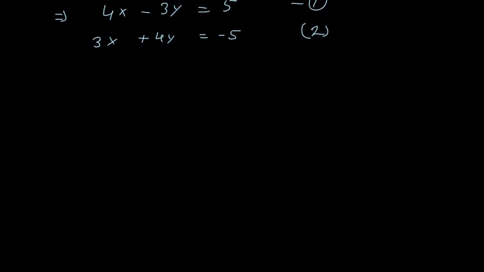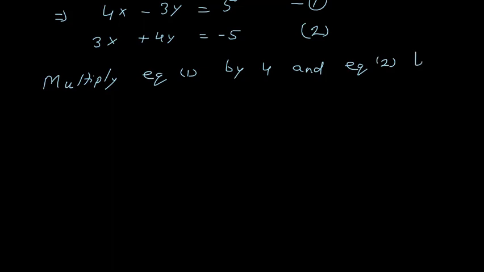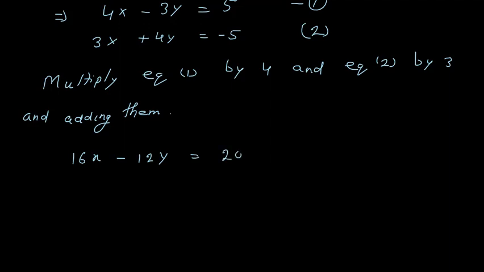So what we will do, we will multiply equation 1 by 4 and equation 2 by 3 and add them. First we multiply equation 1 by 4. So it will be 16x minus 12y is equal to 20.